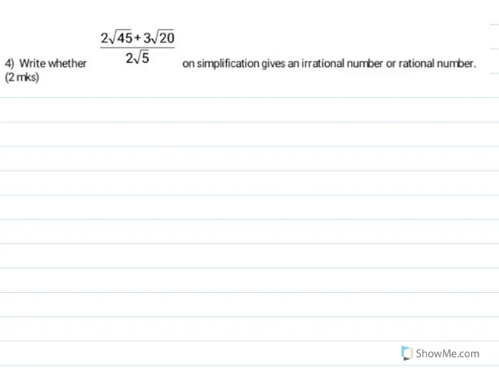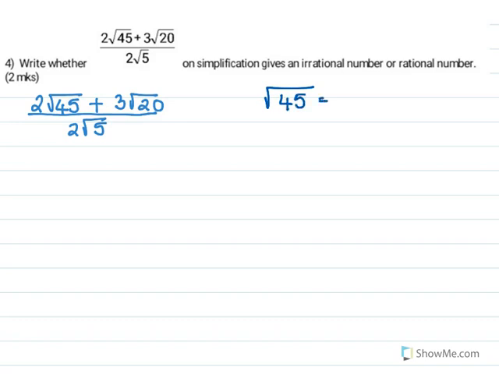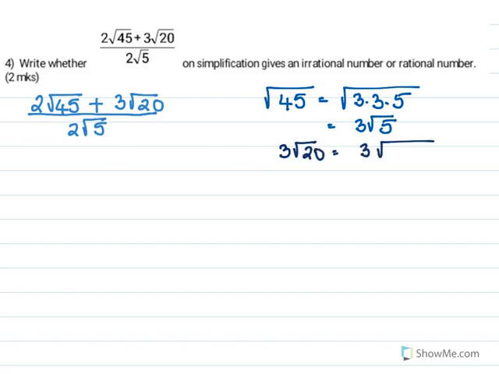Write whether the following is rational or irrational. We take 2 under root 45 plus 3 under root 20 over 2 under root 5. First we take under root 45 and break it up. 45 is 3 times 3 times 5, which means 3 under root 5. Then we take 3 under root 20, break that up and simplify it.